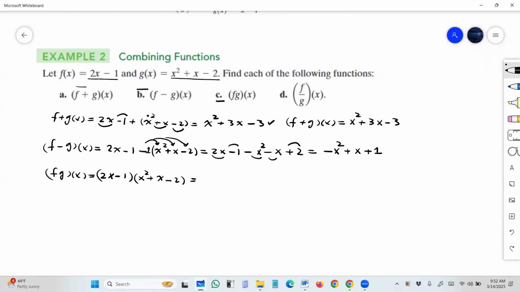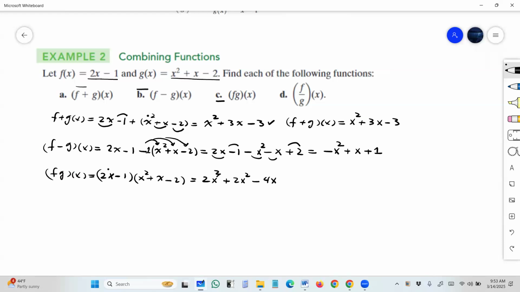I have to multiply each term. So the 2x is going to multiply every single term of x squared, x, and minus 2. So I have 2x times x squared, 2x cubed, 2x times x, 2x squared, and then 2x times minus 2, minus 4x.